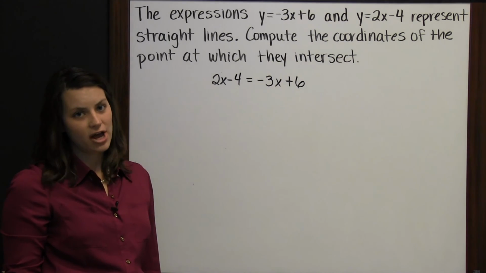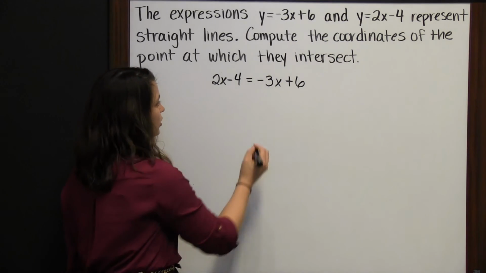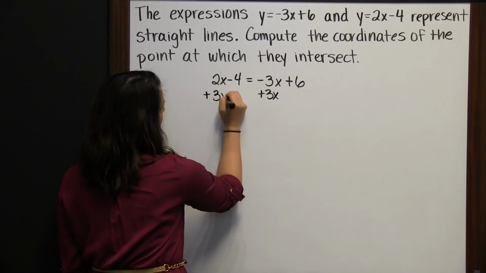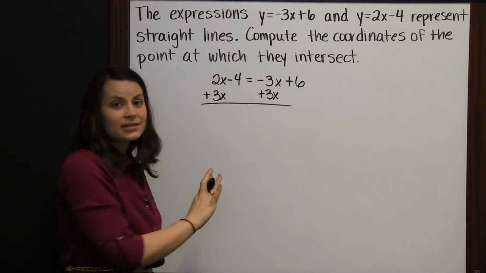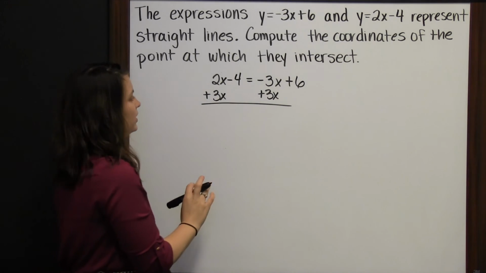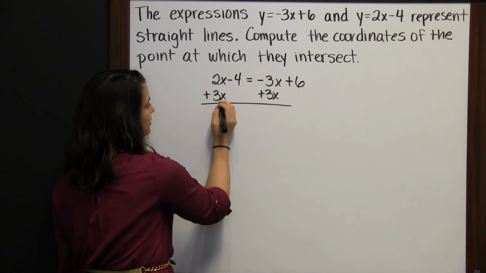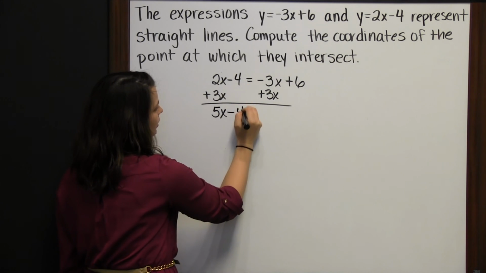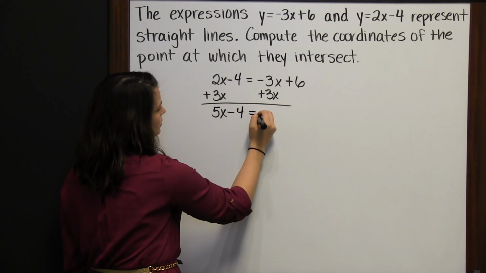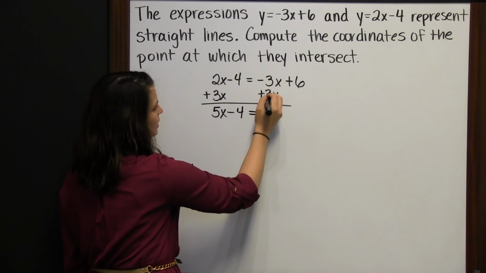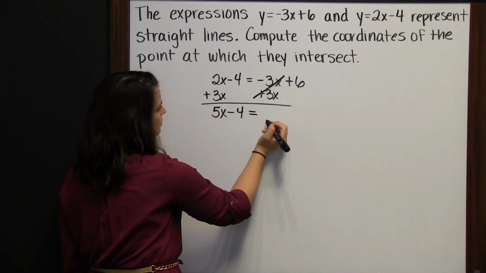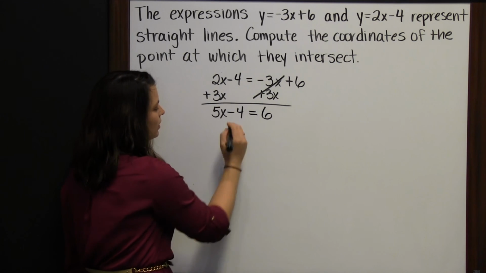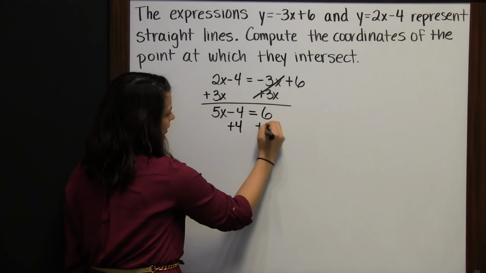Now we need to solve for x. First, I'll add 3x to both sides so that I can get all my x variables on one side of the equation. 2x plus 3x is 5x minus 4 equals negative 3x plus 3x cancels, and I'm left with 6 on the right side. Now we need to add 4 to both sides.